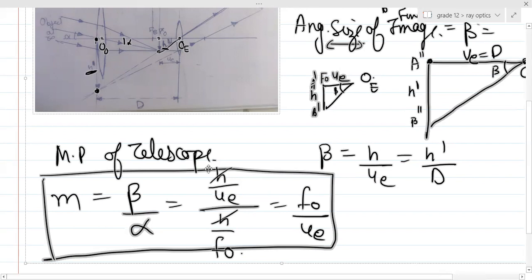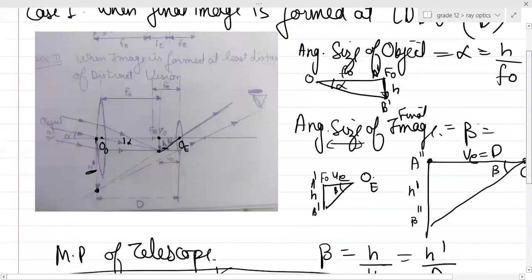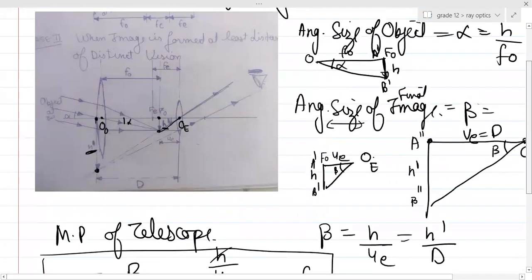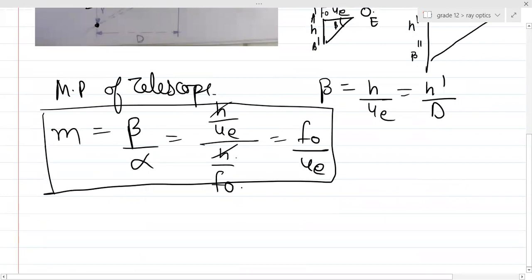Clear, guys? Is it clear, guys? ये वाला डायग्राम आपने नोट डाउन करा था? Yes, sir. So this is the magnifying power.